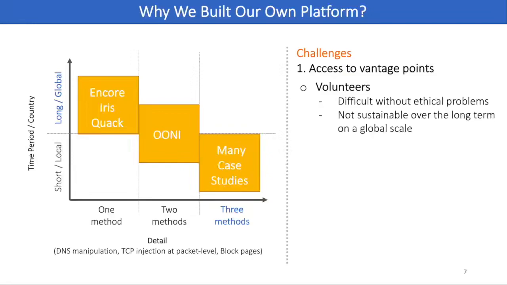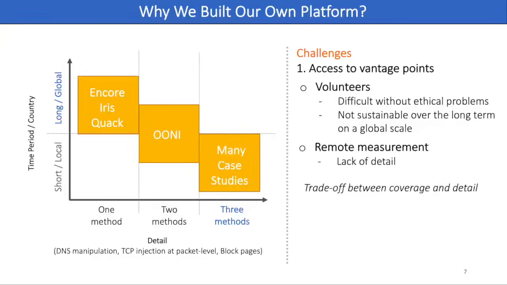However, there are ethical concerns that volunteers can get into trouble for accessing illegal web pages on our behalf. Also, it is hard to extend the time period and the number of regions. While remote measurements such as Quack allow good coverage on time period and countries, they lack detail.